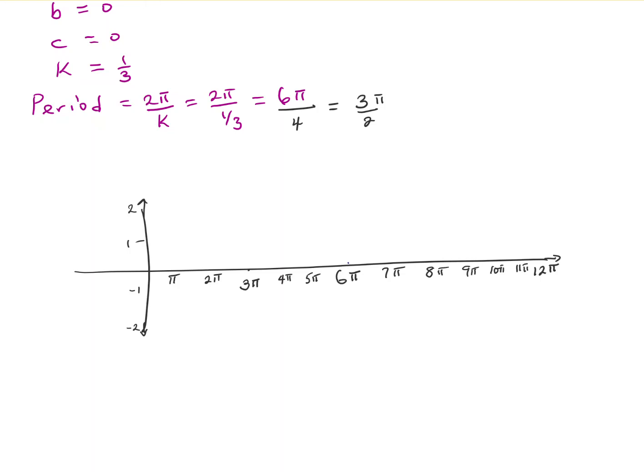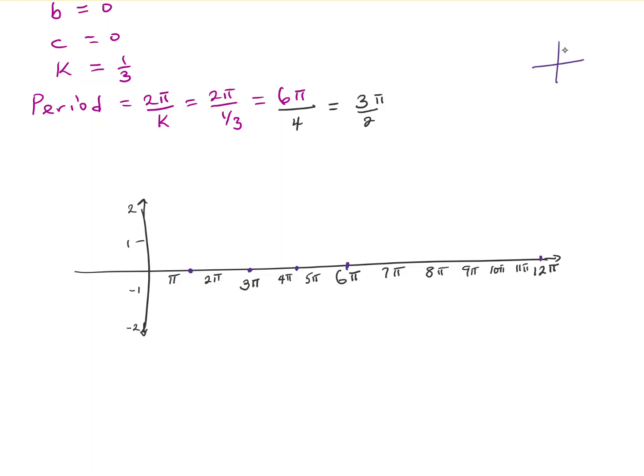So the first one ends here and the second one ends here. Now if I'm dividing this into 4, then I'm moving by 1.5 pi. So the first one is going to be here, then the second one here, the third one somewhere here, and the fourth one lands here.